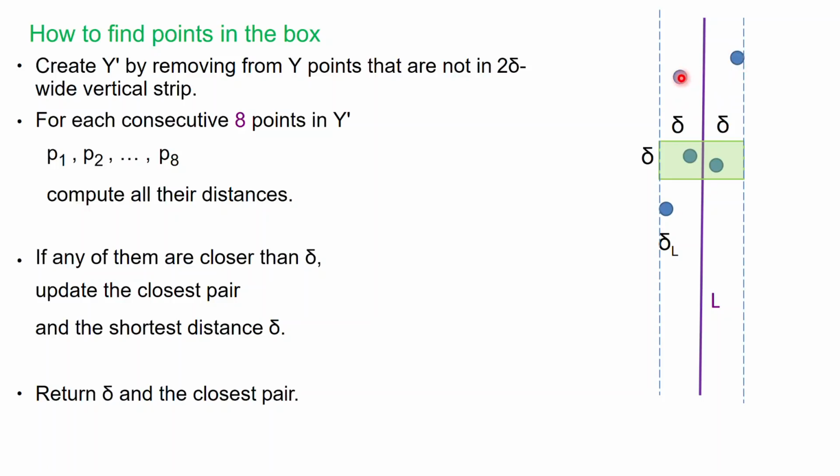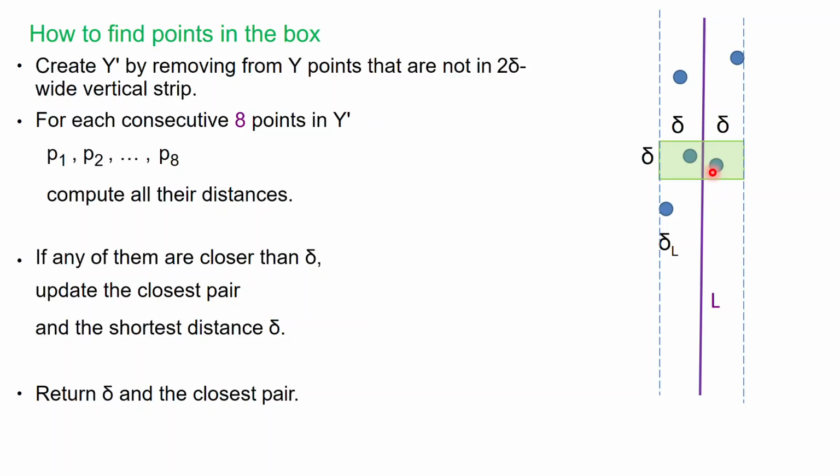Otherwise, you move to the next point. Again, from this, you look at the next 7 and compute all their distances. If you find something which deserves an update, you update. Otherwise, you move to the next point, look at the next 7, compute all their distances, and so on. This is the end of the description of the algorithm.